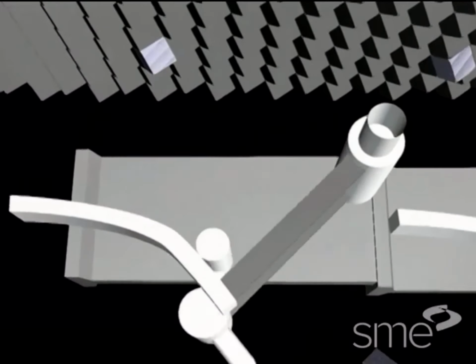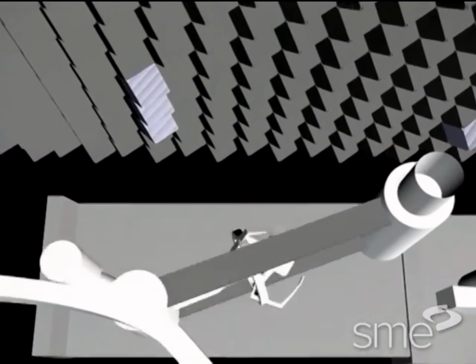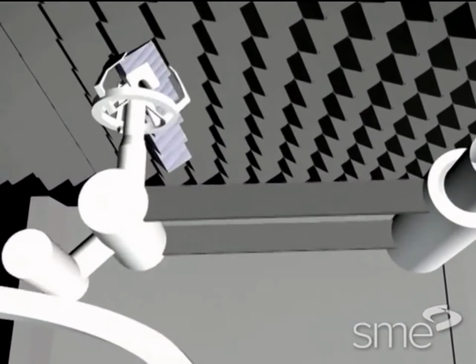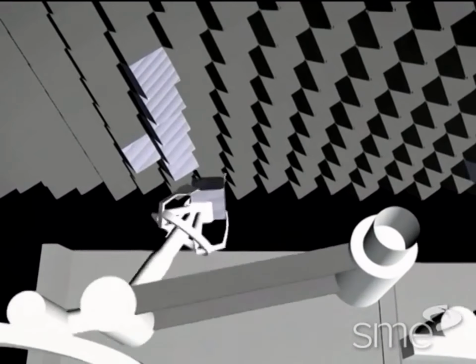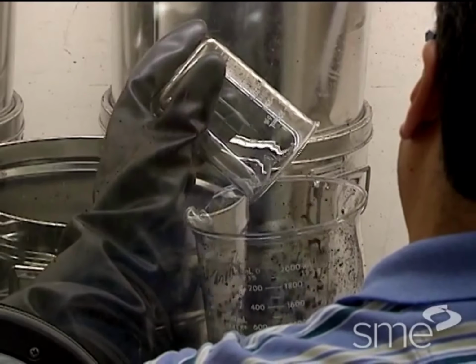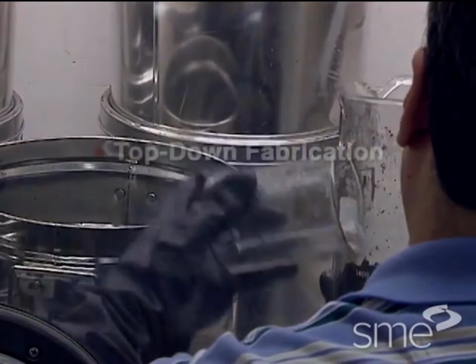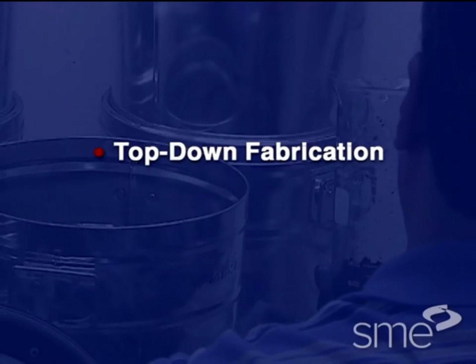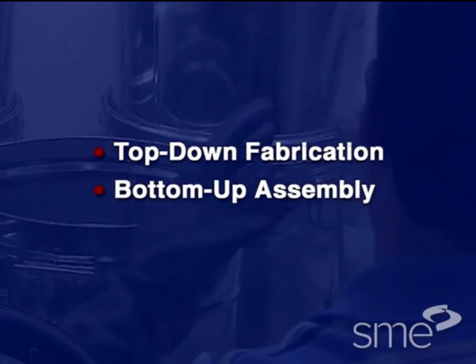The idea is to precisely place every atom within a product so that components are exactly the same size, type, and number of atoms. Nanomanufacturing can be divided into two approaches: top-down fabrication and bottom-up assembly.